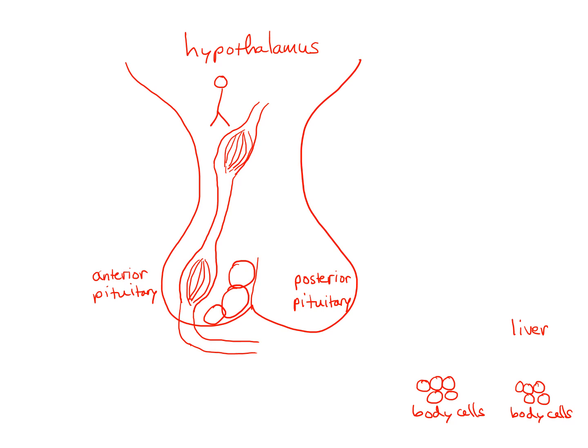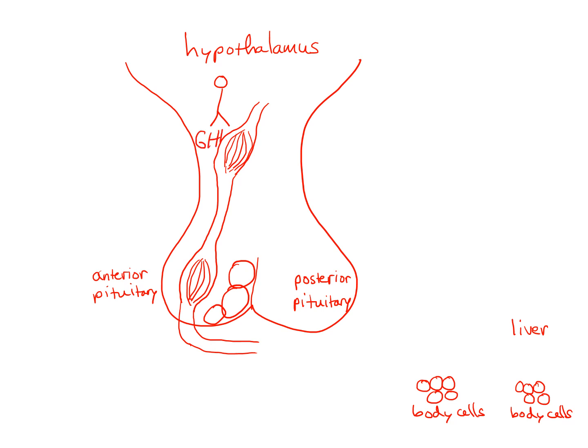So let's just draw this out. And we're going to start up here with the hypothalamus. And remember, we've got these neurons in the hypothalamus that are secreting the hypothalamic hormones. So there's two hormones that control the anterior pituitary, whether or not it's going to be releasing growth hormone. So the hypothalamic hormone that tells the anterior pituitary to release growth hormone would be growth hormone releasing hormone.